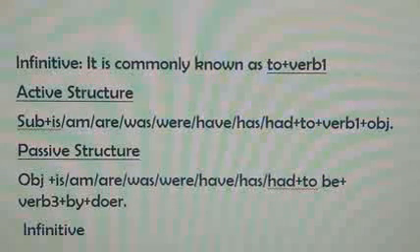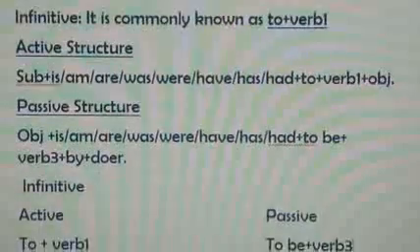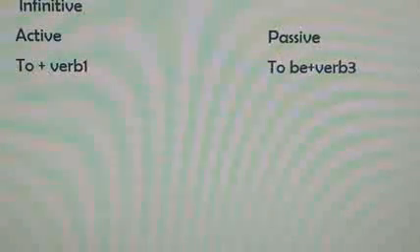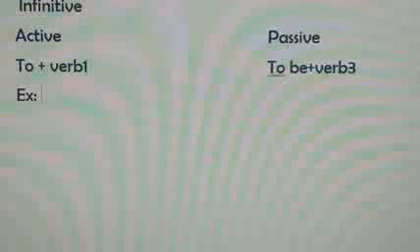We need to concentrate on this. When converting active to passive, the infinitive for active will be "to" plus the first form of verb, and for the passive it will be "to be" plus the third form of verb. Now, according to the structure, let me give you some examples. With the help of examples, it will become very easy for you to understand.